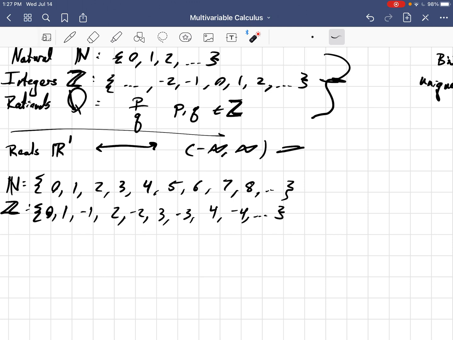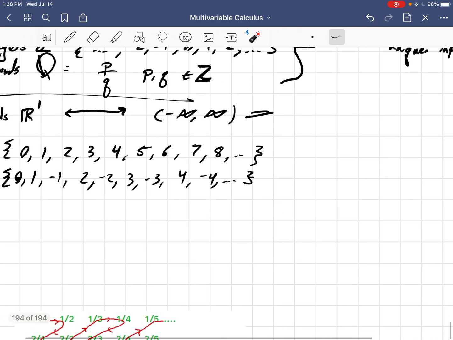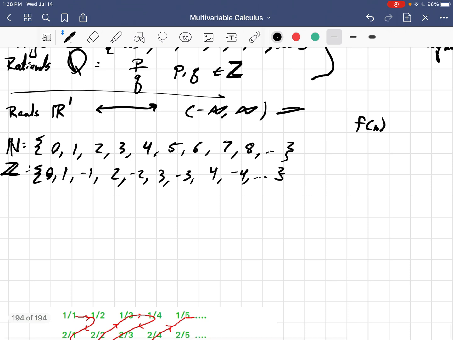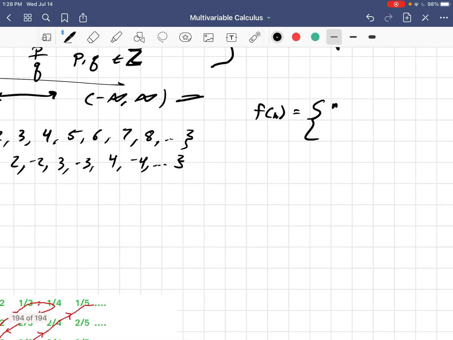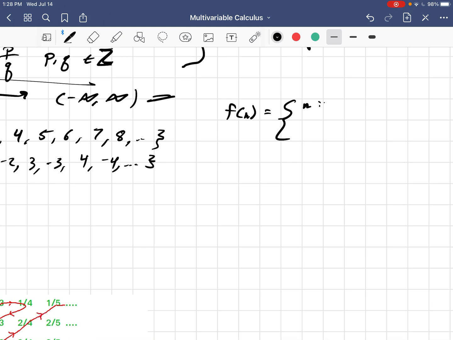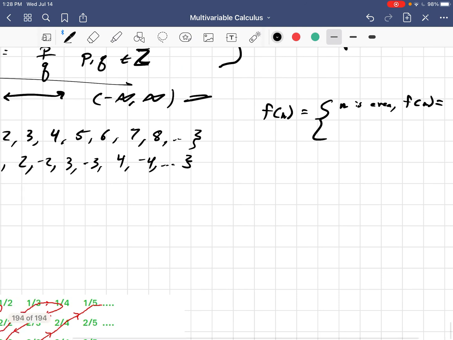We can just take every, say, even number and map it to the negative of the integer counterpart. So let's say we come up with a function, f(n), that maps every natural to every integer. What would that function look like? Well, f(n) would be a piecewise function. If n is even, then f(n) would be what?